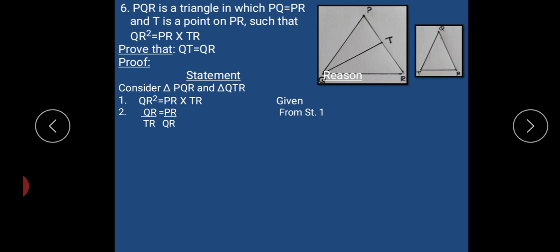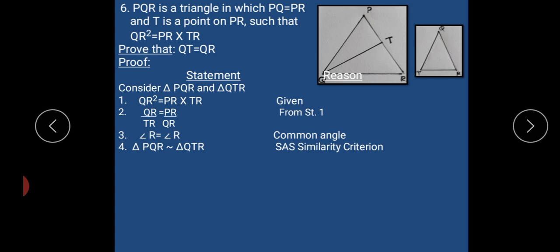Here also we need an included angle. An included angle is coming, that is angle R is equal to angle R, common angle. Included angle, and again from statements 2 and 3, we get SAS similarity criterion. So we got triangle PQR is similar to triangle QTR.